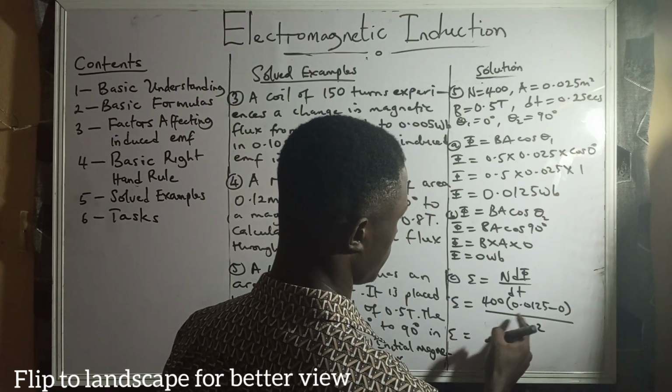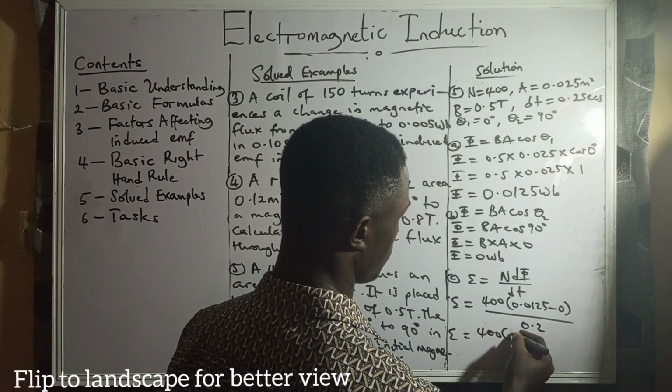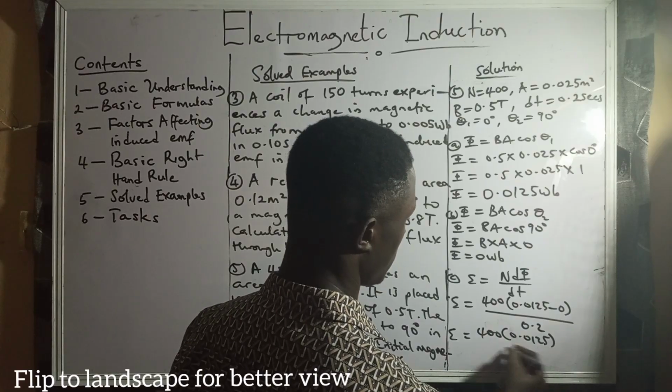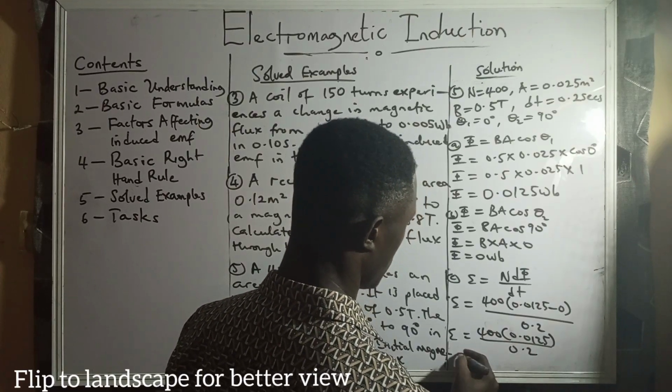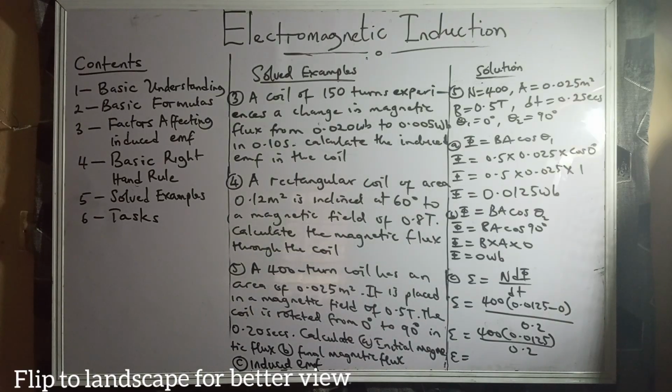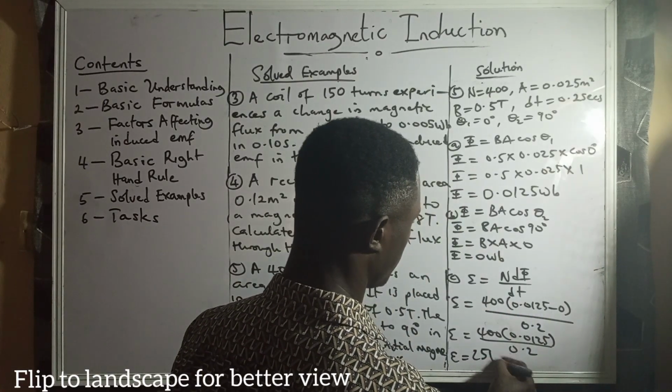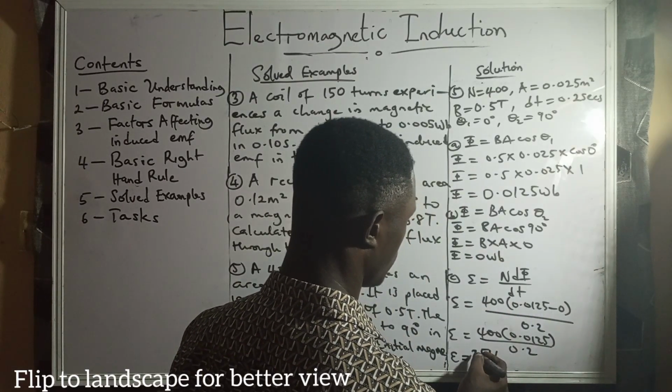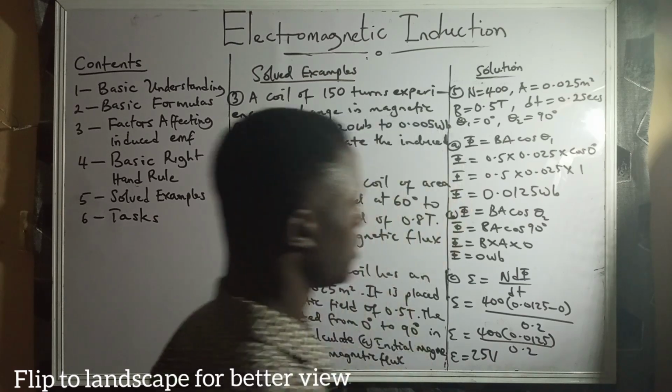This is going to be 400 multiplied by 0.0125 all over 0.2. If you do the calculation, it's going to give you 25 volts.